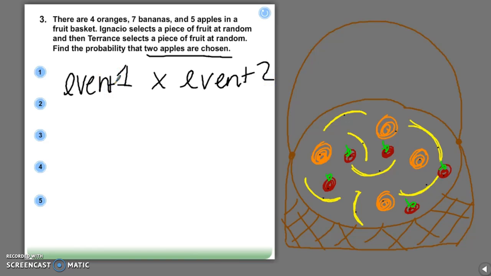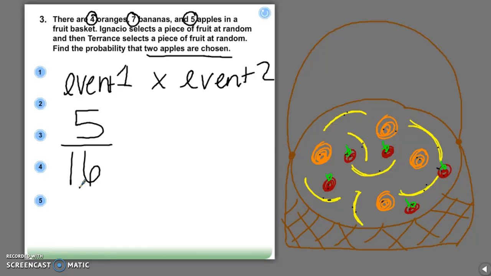So event 1, we want to know the probability that 2 apples are chosen. So you can see in my fruit basket over here that I have 1, 2, 3, 4, 5 apples out of 1, 2, 3, 4, 5, 6, 7, 8, 9, 10, 11, 12, 13, 14, 15, 16 total fruits in my basket. Another way of doing that was you could have taken 4 plus 7, which is 11, and then add 5, which gives you your total amount of fruit in your basket, which is 16.